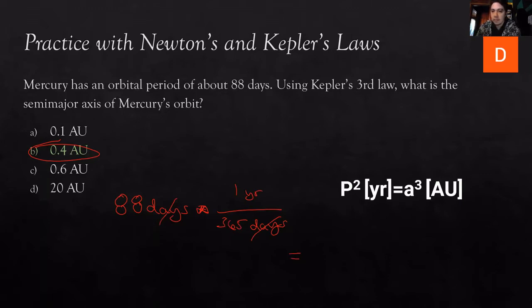0.241. Now, we know that this is our equation, so we have to square this value. And that comes out to be 0.058.